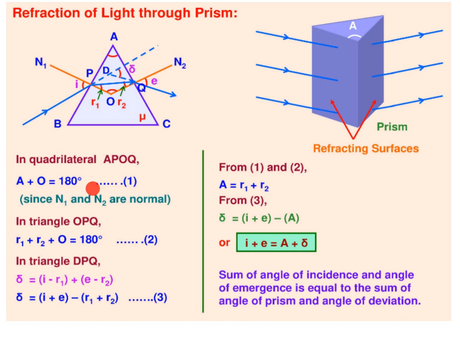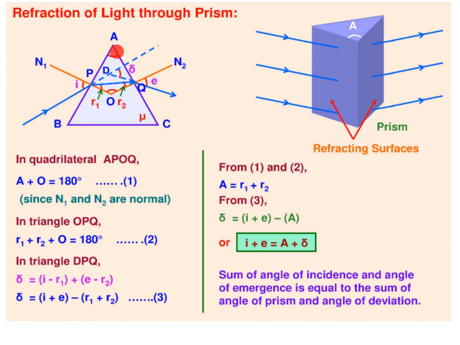Then consider the quadrilateral APOQ. What is this? A, P, O and Q. In this quadrilateral, angle APO and angle AQO are equal to 90 degrees because N1 and N2 are normals.